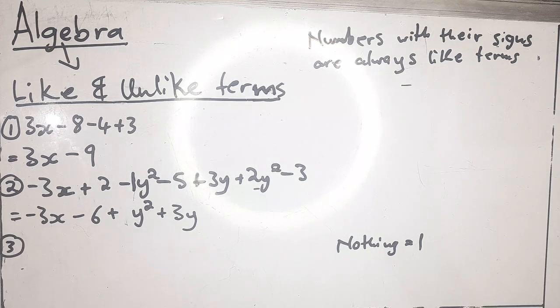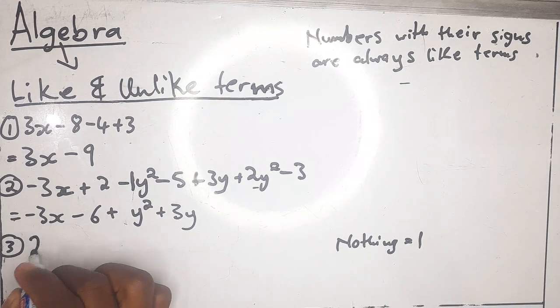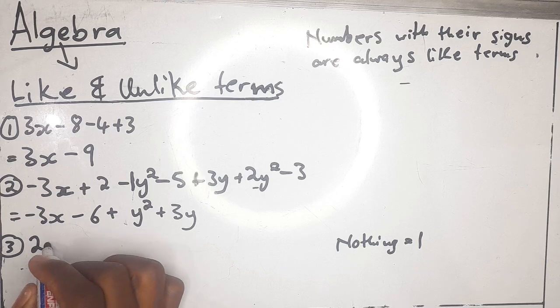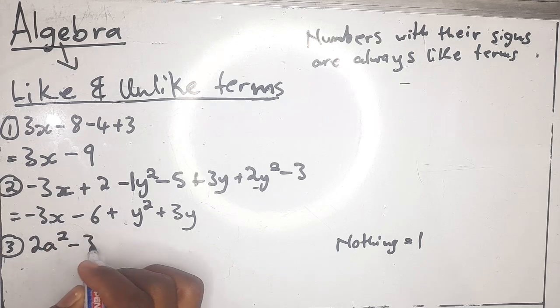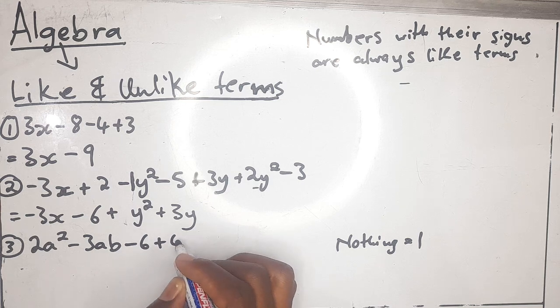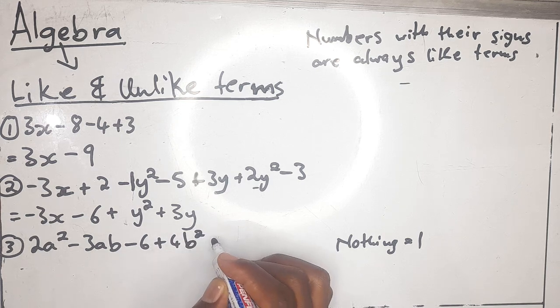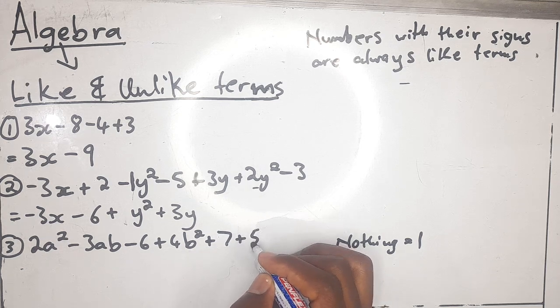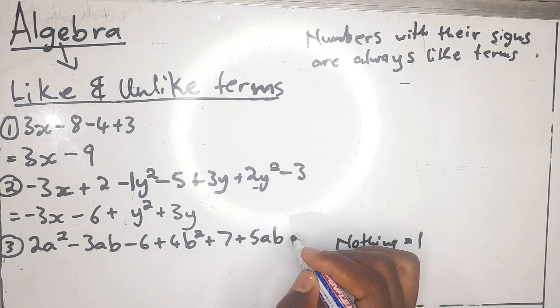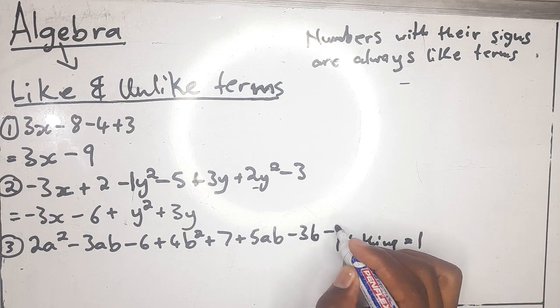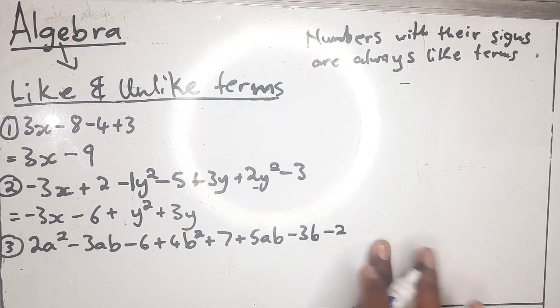Number 3. We're given 2a squared minus 3ab minus 6 plus 4b squared plus 7 plus 5ab minus 3b minus 2, nothing equals 1.